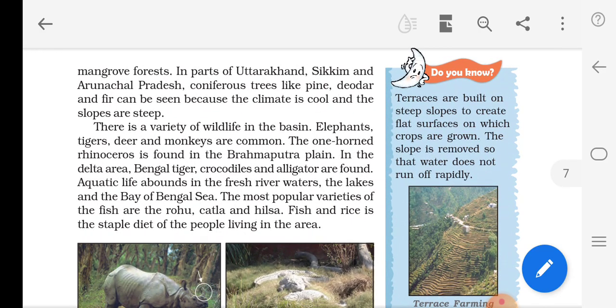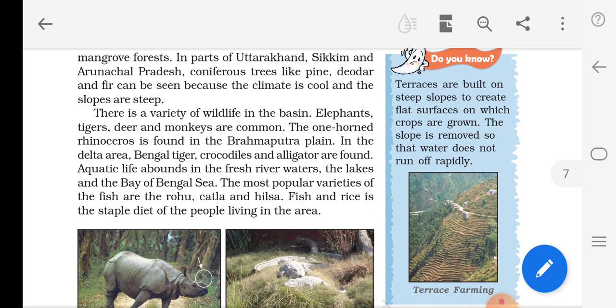Now let's see, there is a variety of wildlife in the basin, that is elephants, tigers, deer, monkeys and also crocodiles, Bengal tiger, alligator, and aquatic life, that is different kinds of fishes, rohu, katla, hilsa also found in this area.